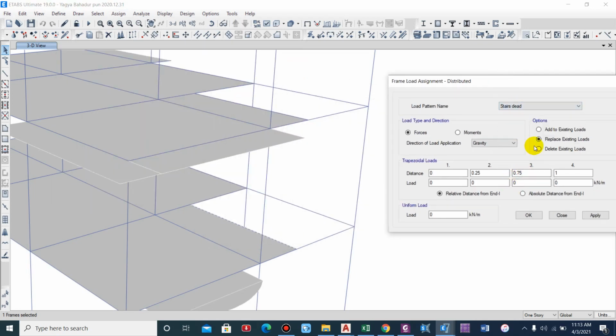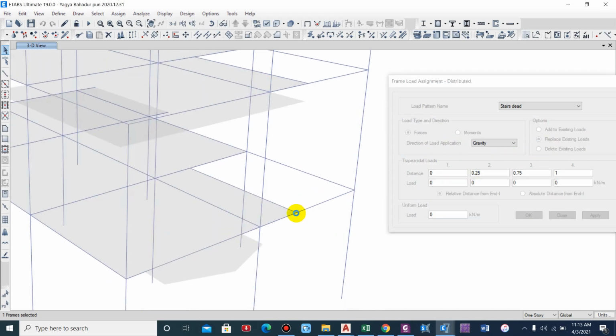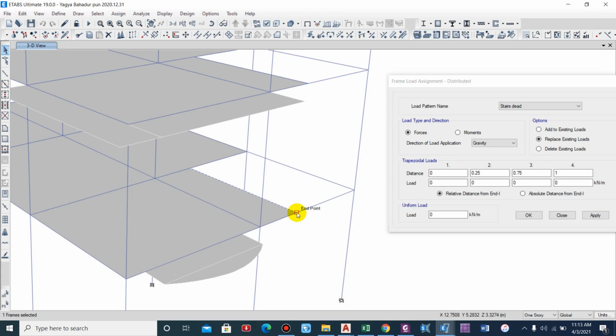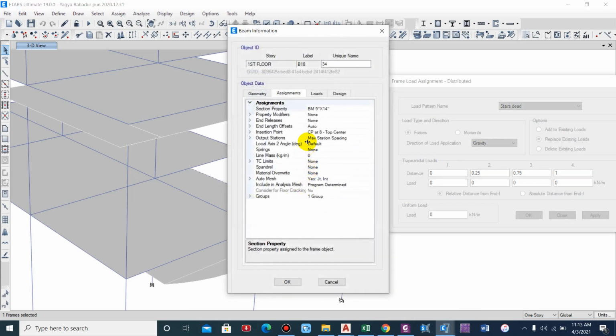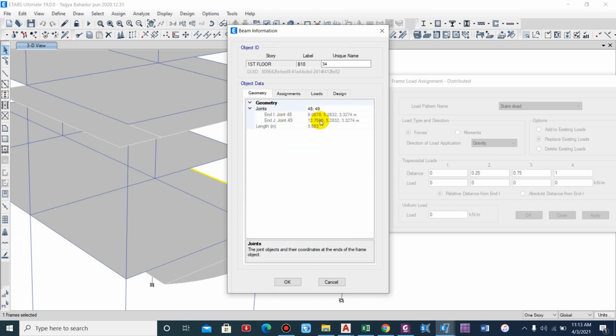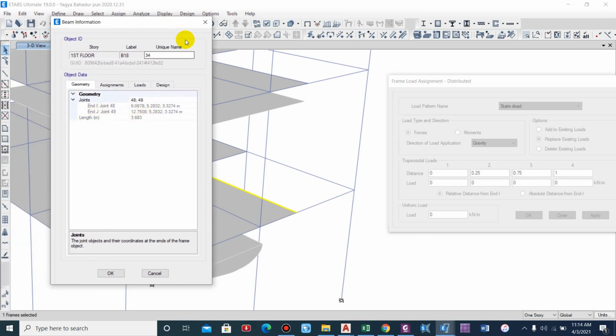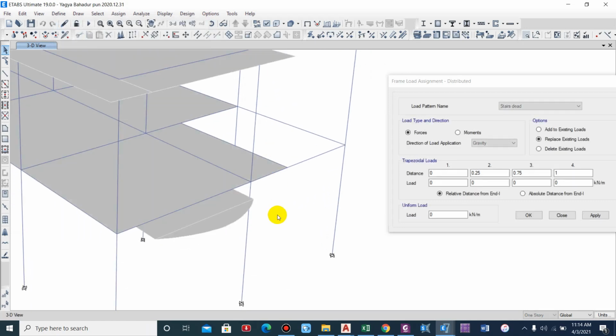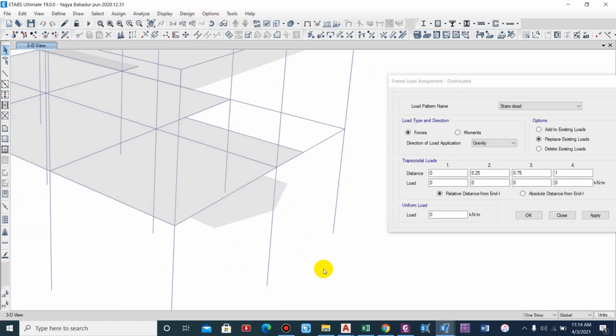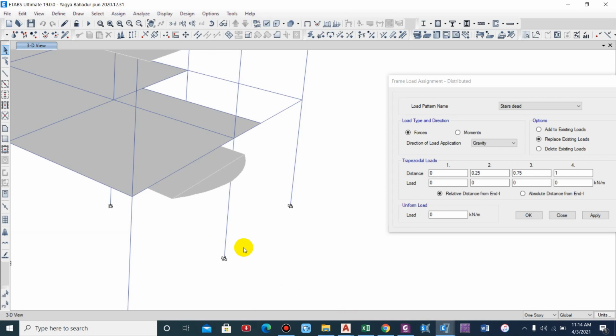As I said, you can apply steer dead and steer live separately, so that is up to you. The coordinate is 12.575, 5.28, which is end I. So this is end J because it was 12.75 and 5.28, and the length is 3.683. The staircase starts from this point.